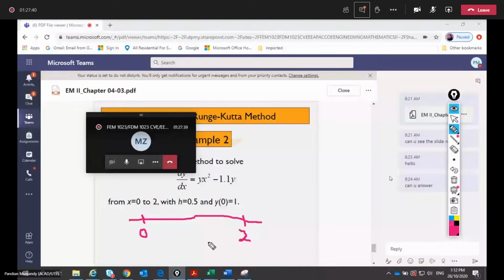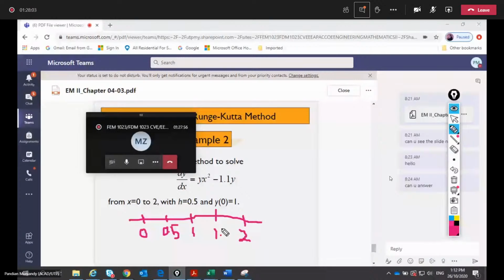So with step 0.5, this is 0.5, this is 1, and this is 1.5. You got to write it down like this, otherwise you may miss the point.